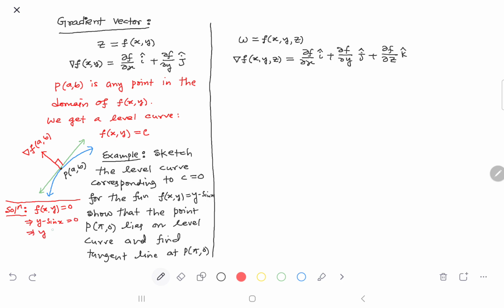So the level curve is y equal to sin x. This is the sine curve, a periodic function. Now at the point pi comma 0, we calculate the equation of the tangent line.